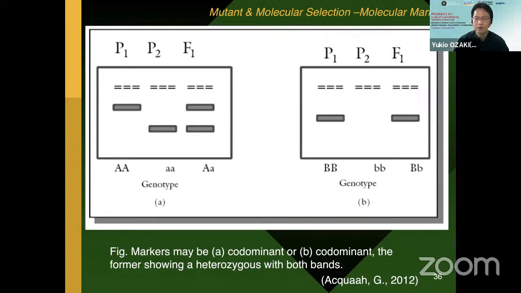Whereas a codominant marker can discriminate between homozygous and heterozygous genotypes, a dominant marker cannot. These mutations cause variation in the DNA sequence or cause certain sequences to be repeated.